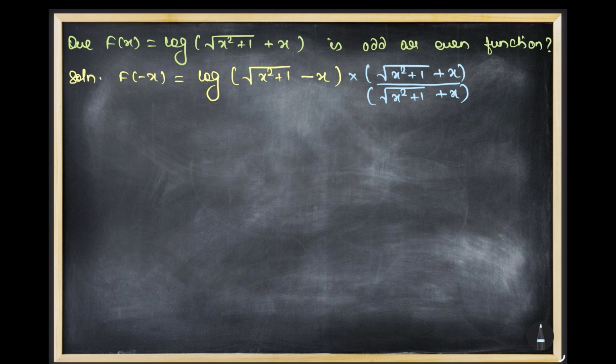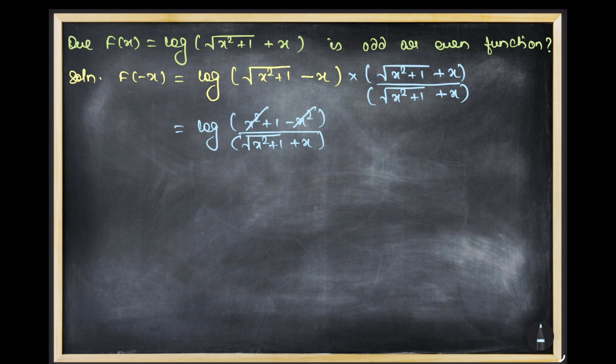Okay, so we will find that we got log of a plus b, a minus b. This means we got x square plus 1 minus x square upon root under x square plus 1 plus x.